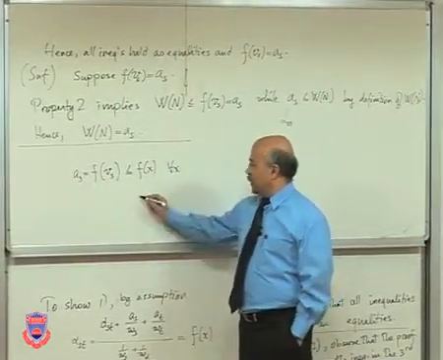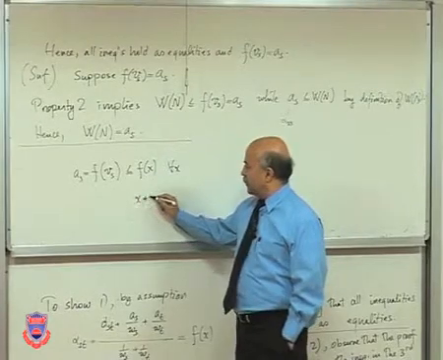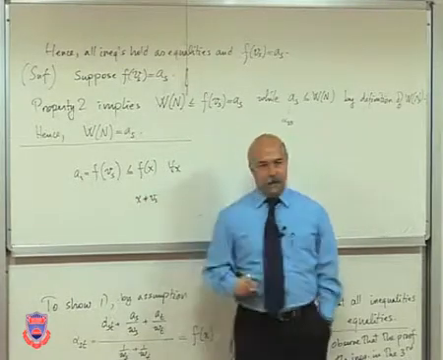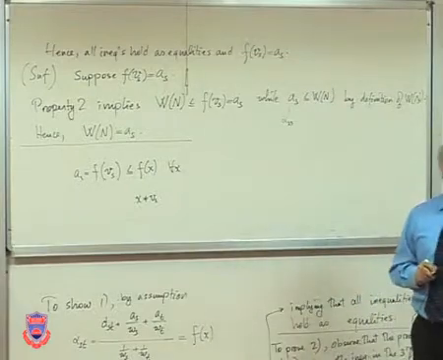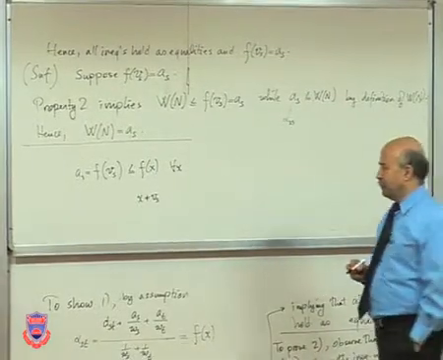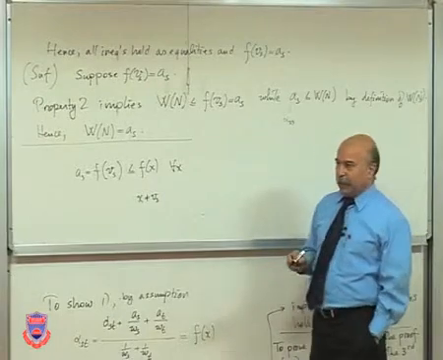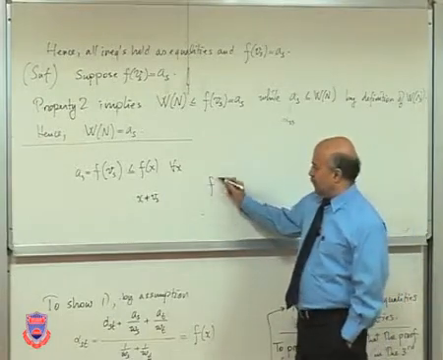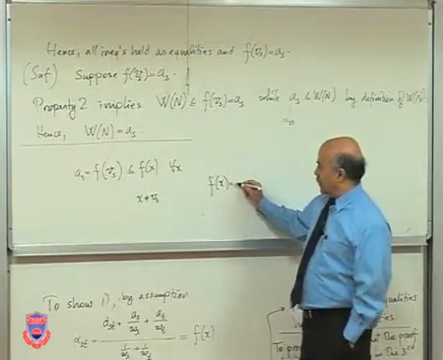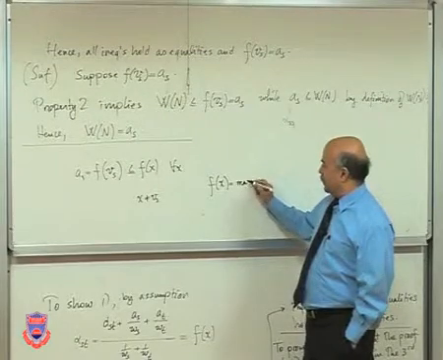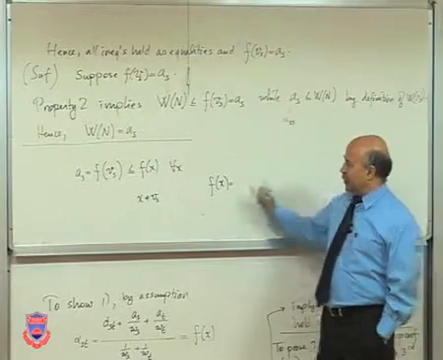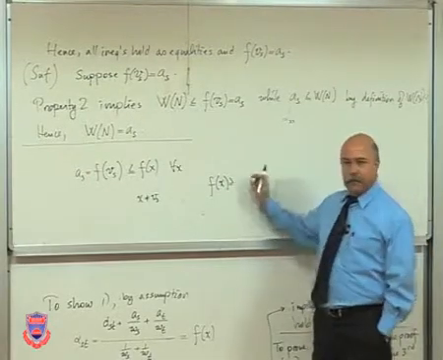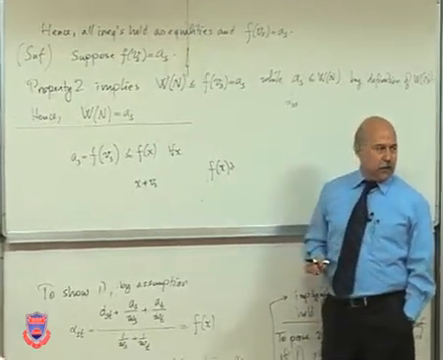Now, if x is different from Vs, what do you think will happen? Well, f of x, which is the maximum of, well, you know the definition. F of x is greater or equal each of the terms in the maximum.